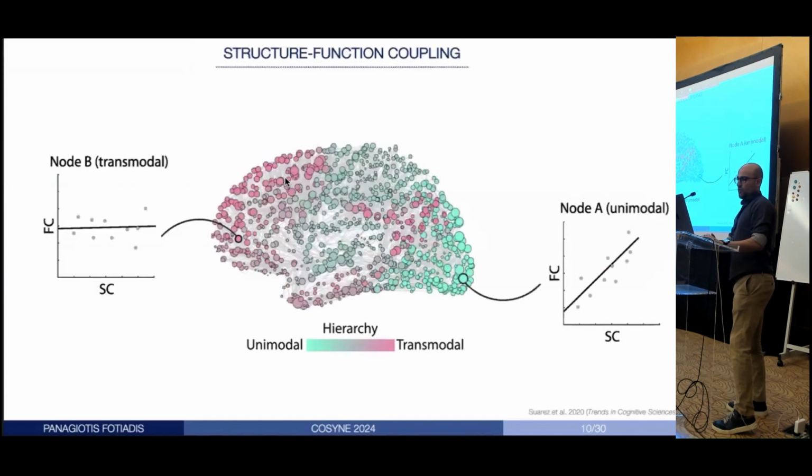The first thing that I wanted to mention is that this structure-function coupling is a very heterogeneous marker, right? Different brain regions have different structure-function couplings, to the point where, for instance, you can have brain regions in the primary sensory and motor cortices, the green blobs that you see over there, that typically tend to have a high structure-function coupling. Their functional connectivity reflects their structural connectivity pretty well.